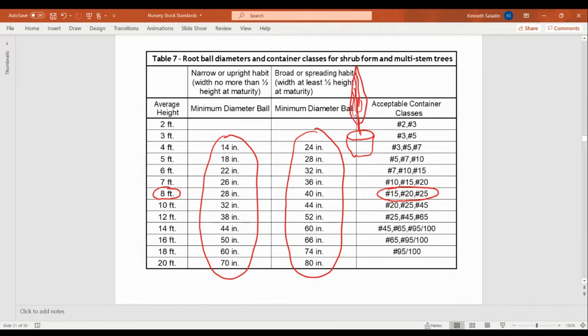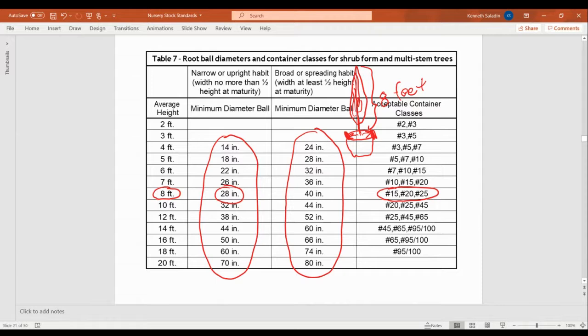So if the tree is in the 8-foot grade and it's a narrow or upright habit, then we are going to use a 28-inch ball diameter. What we mean by ball diameter is the distance from here to here. That is the ball diameter, and the minimum is 28 inches, so it can be larger than that.